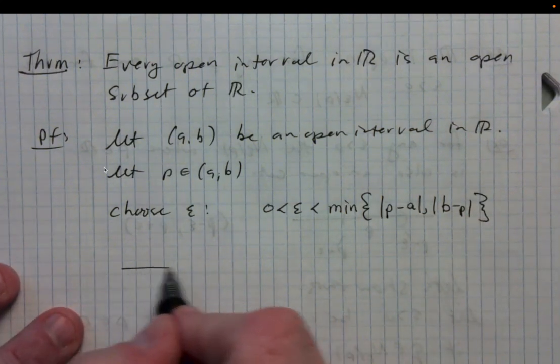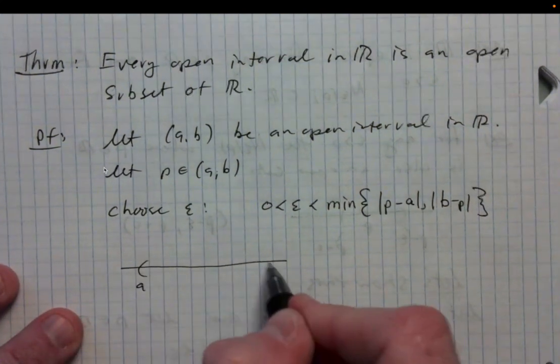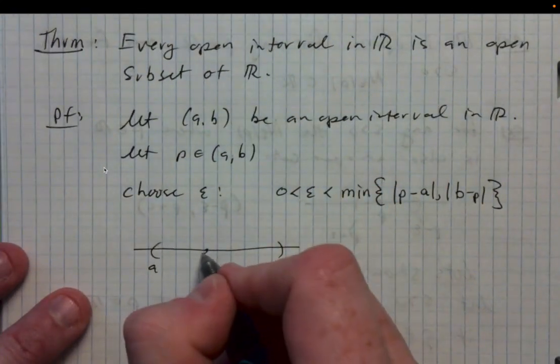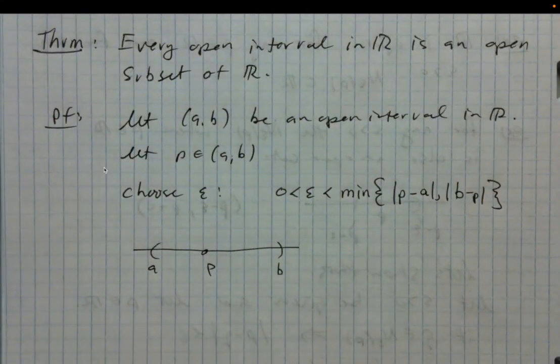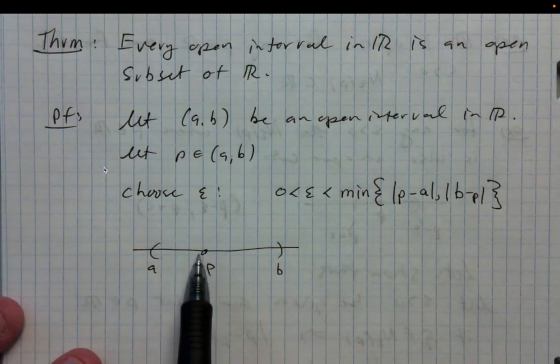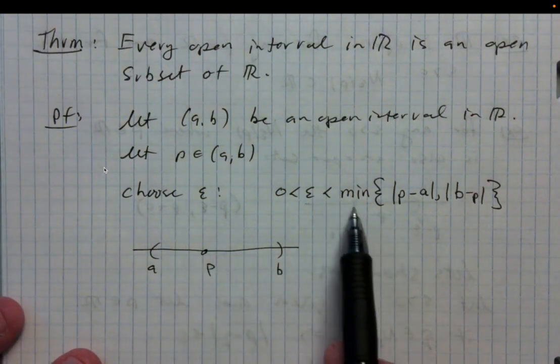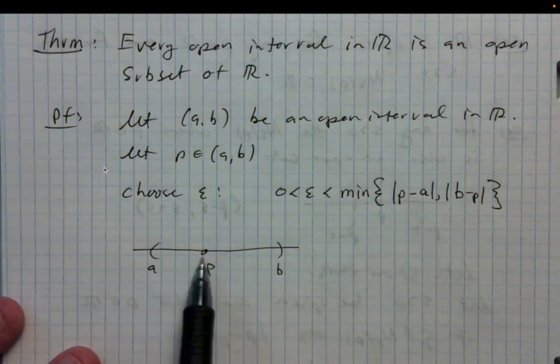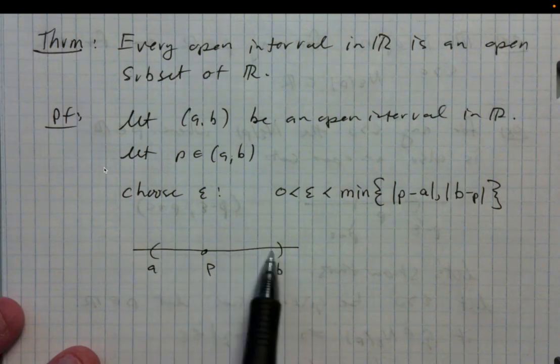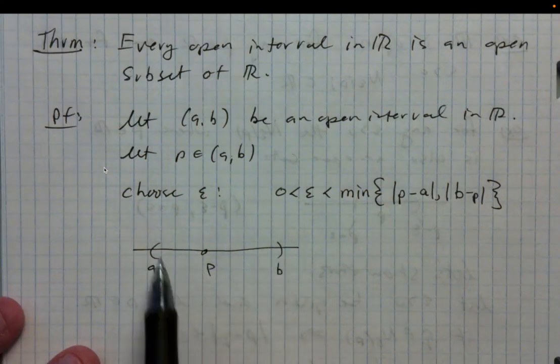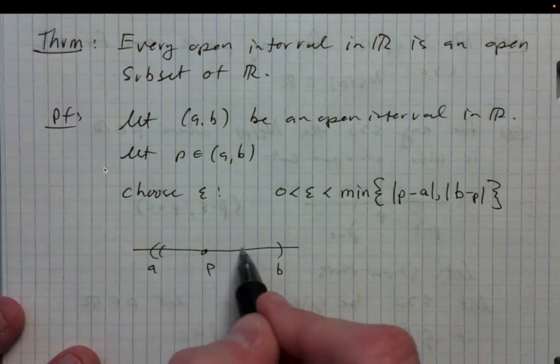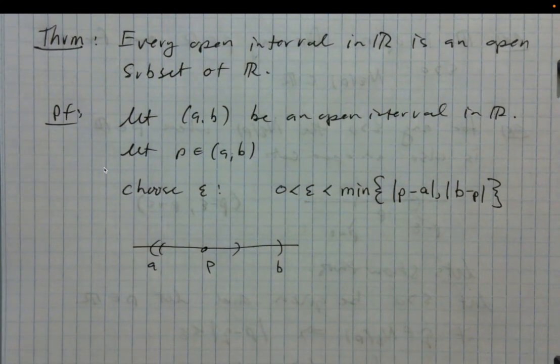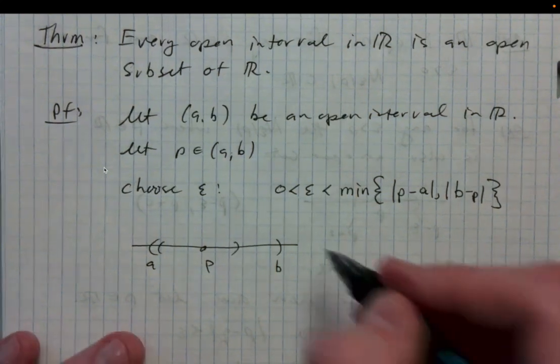Well, let's think about what we've got going here. Here's my a, here's my b, p is somewhere in here. I can choose my epsilon such that it's less than the minimum of this distance or this distance, whichever one's smaller. Say this one is obviously smaller, I can just choose that right there. And from that, you can see that p would have to be an interior point of (a, b).